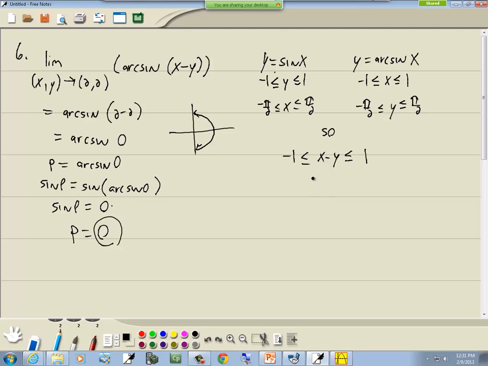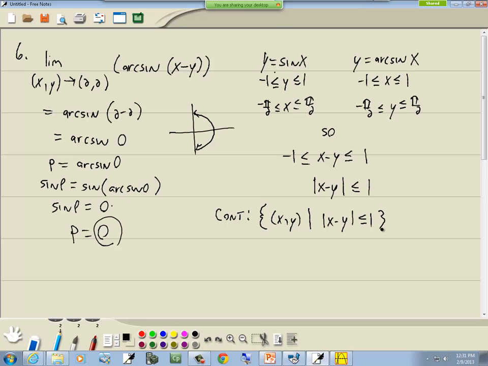And if you remember from college algebra, that looks like the formula for the absolute value inequality. So that's going to be the absolute value of x minus y is less than or equal to 1. So for where it's continuous, we have the set of all x, y values such that the absolute value of x minus y is less than or equal to 1.